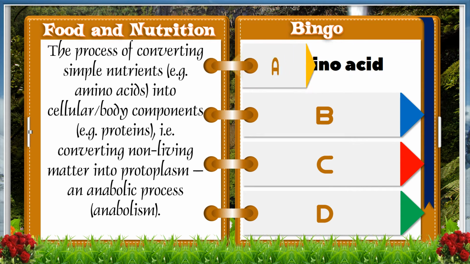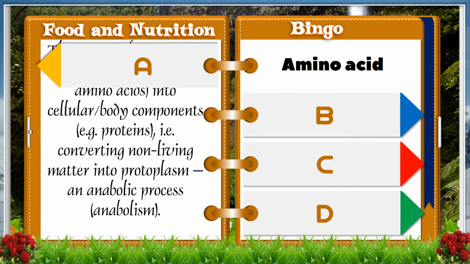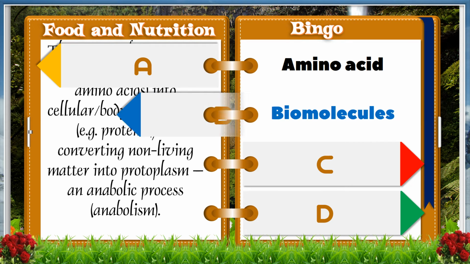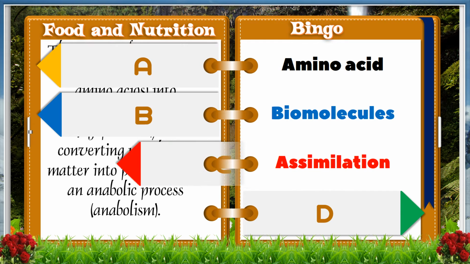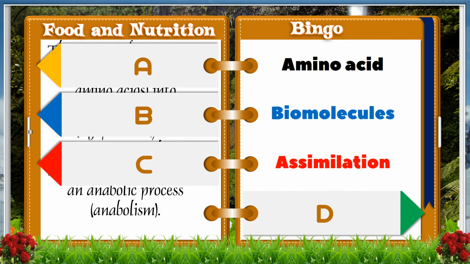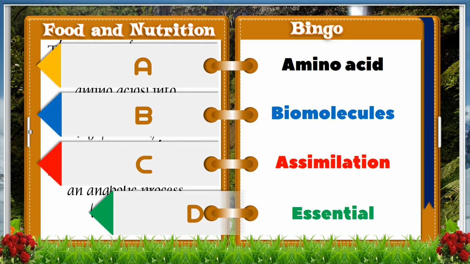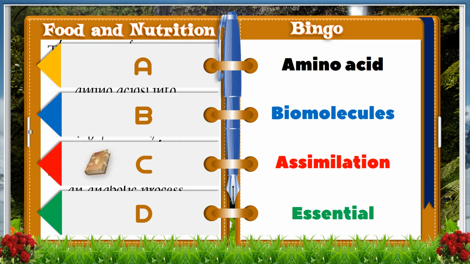Option A, amino acids. Option B, biomolecules. Option C, assimilation. Option D, essential. And the answer is C, assimilation.